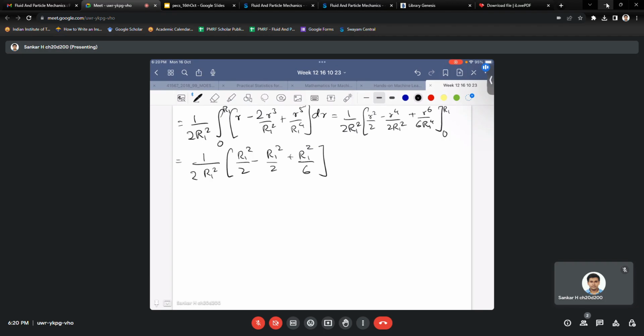If we substitute the upper limit, we'll get r1 square by 2, r1 power 4 by 2 r1 square will be r1 square by 2, and r1 power 6 by 6 r1 power 4 will be r1 square by 6.